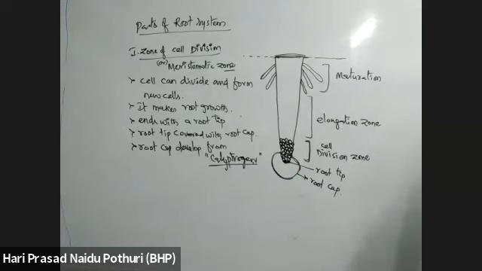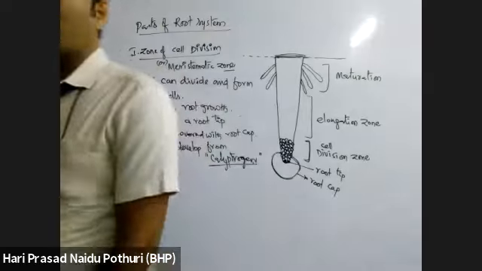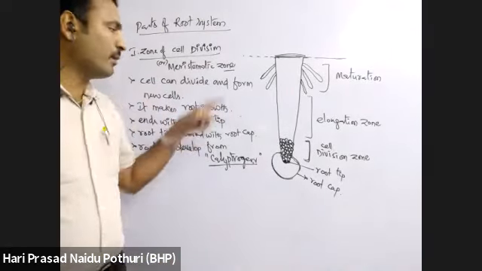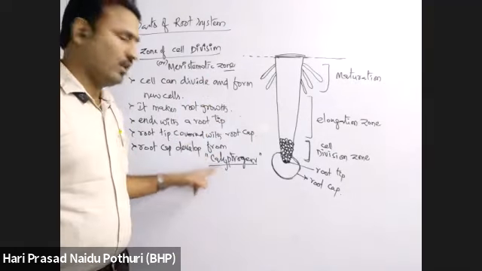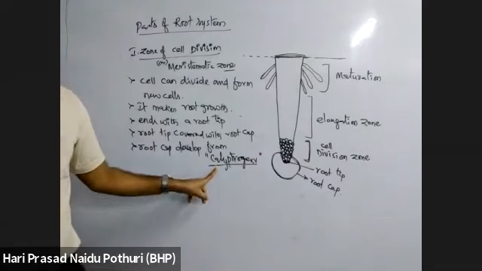Dermatogen is responsible for the epidermal tissue system. Anatomy has parts like cortex, epidermis, xylem, phloem, pericycle. Each and every part develops from a type of meristematic tissue. The root cap develops from a meristematic tissue called calyptrogen.